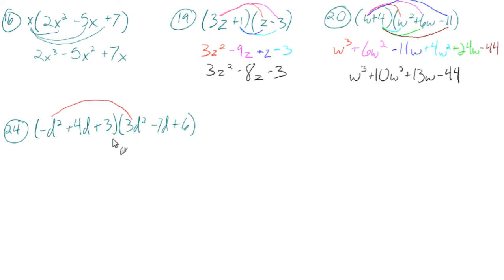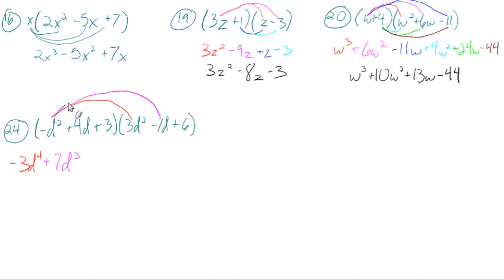Negative d squared times 3d is negative 3d to the 4th. Right, we got a negative, because we got a negative times a positive, and d squared times d squared is d to the 4th. Okay, next, negative d squared now needs to get paired up with negative 7d. So that's negative times negative is a positive, 7d to the 3rd.